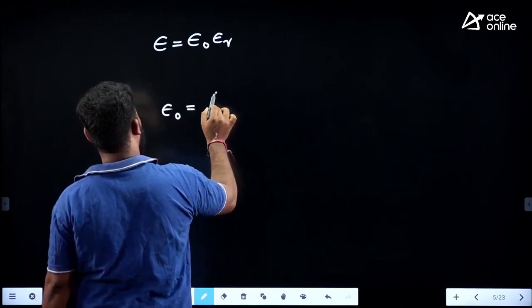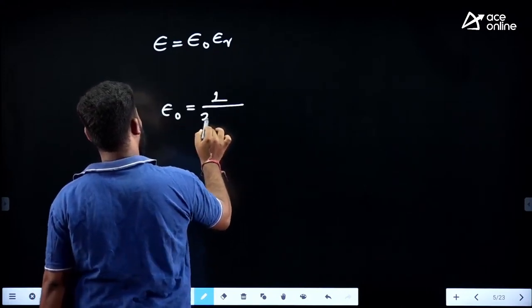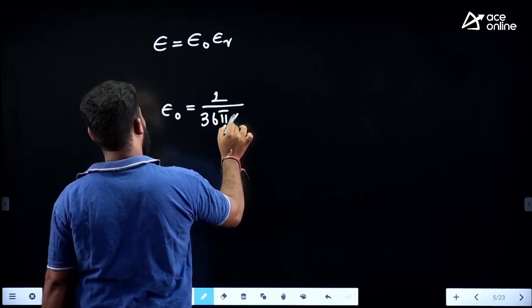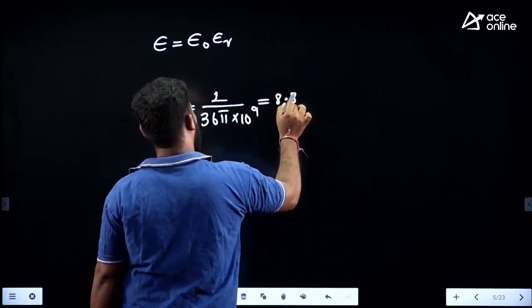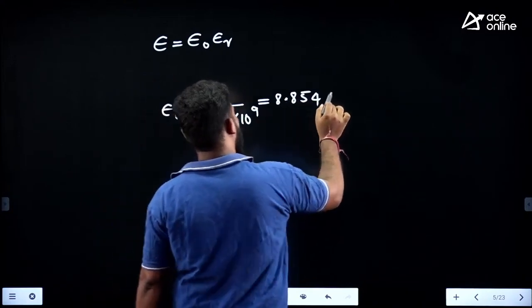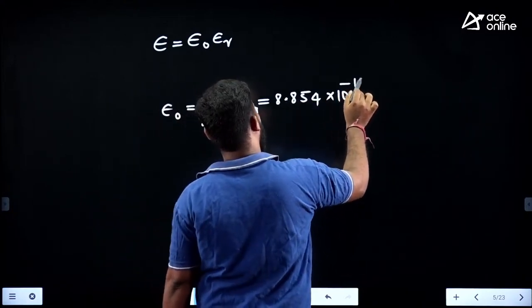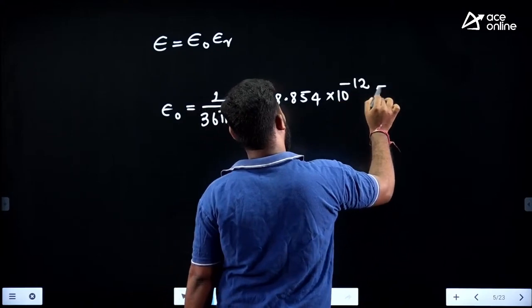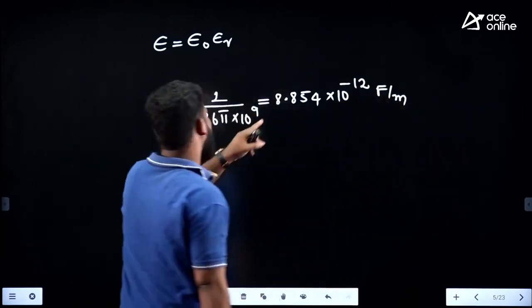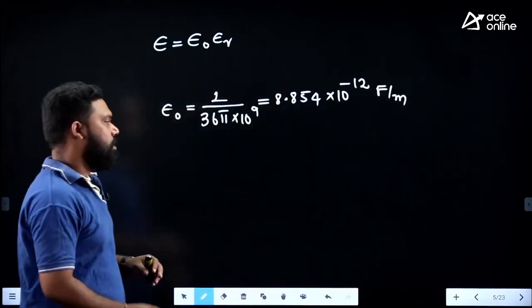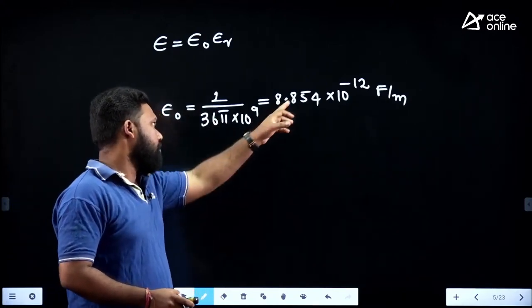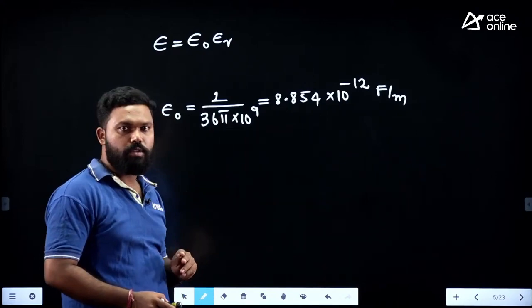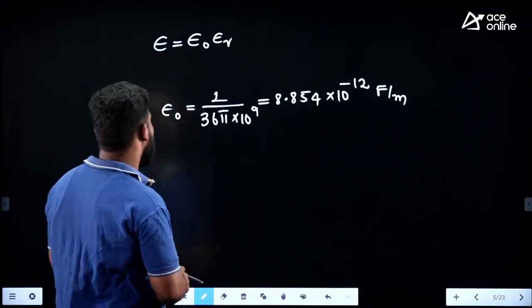It is equal to 1 by 36 pi into 10 to the power of 9, that is 8.854 into 10 to the power of minus 12 farad per meter. So you must remember this value.